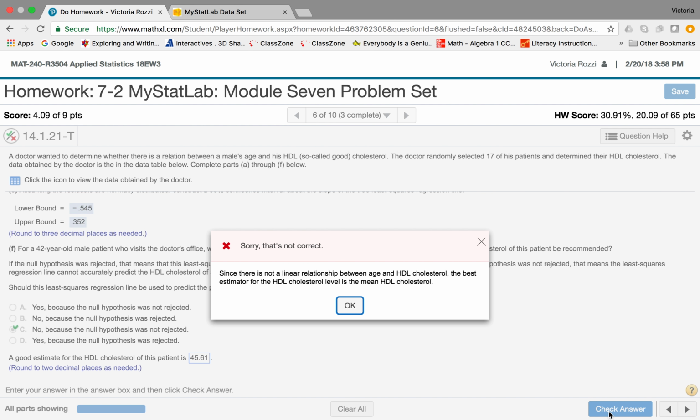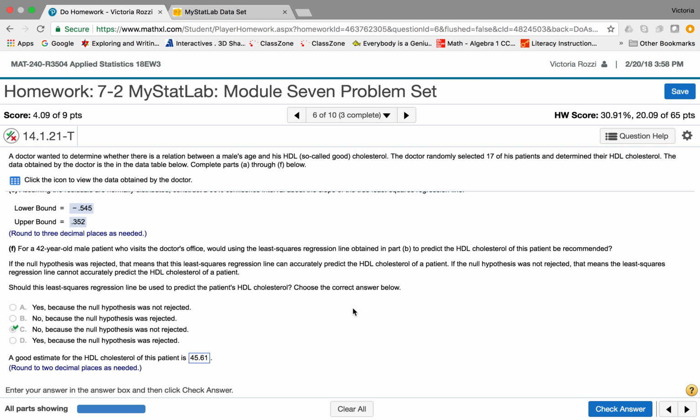Oh, wait a second. I did something incorrect. I apologize. Since there is not a linear relationship between age and HDL, the best estimator is the mean HDL cholesterol level. So here I'm not going to use my line to find that HDL. I'm going to find the mean. So let's see here.